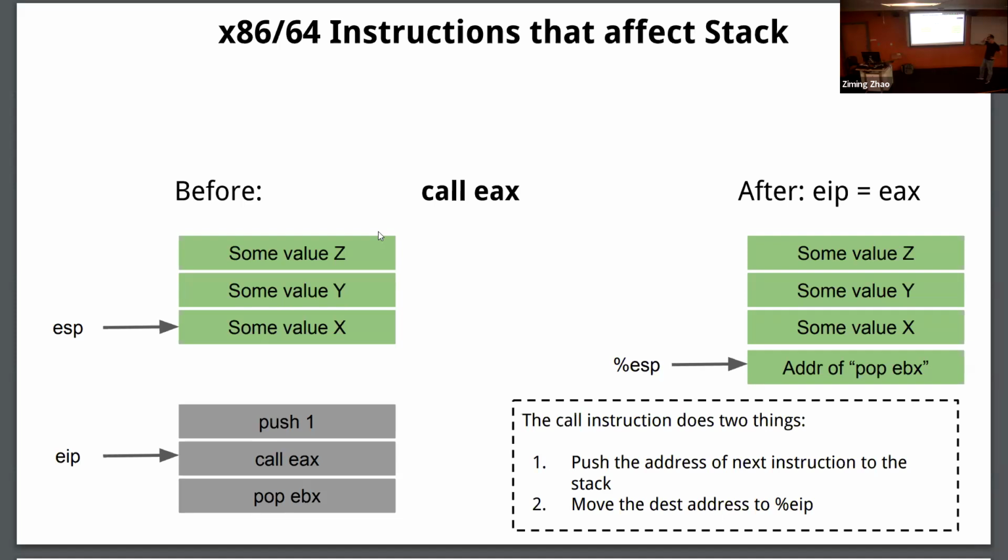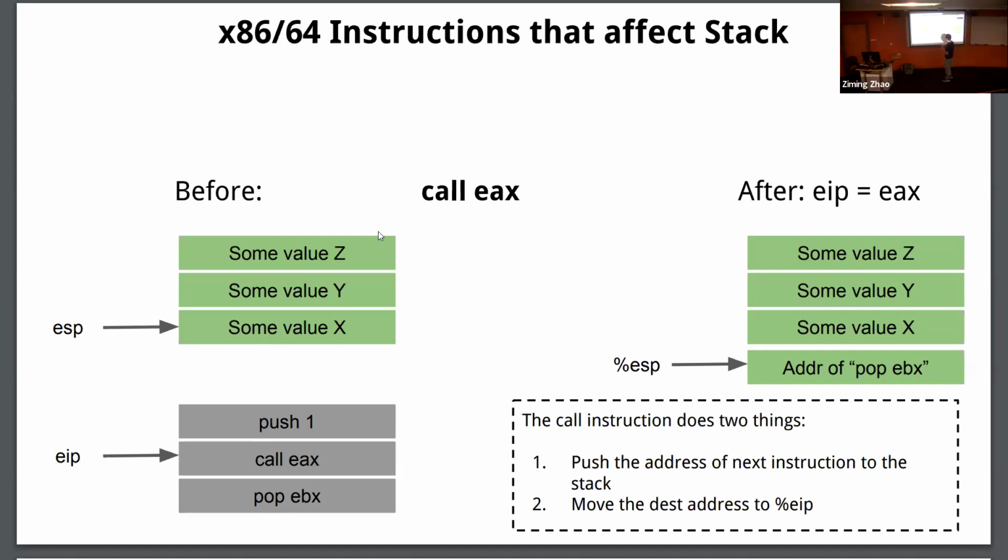Only when we run this instruction, the value of EAX has been computed, so we know where our target is. If we are making a function call in some other code, then that is actually hard coded. This one, we don't have the value.